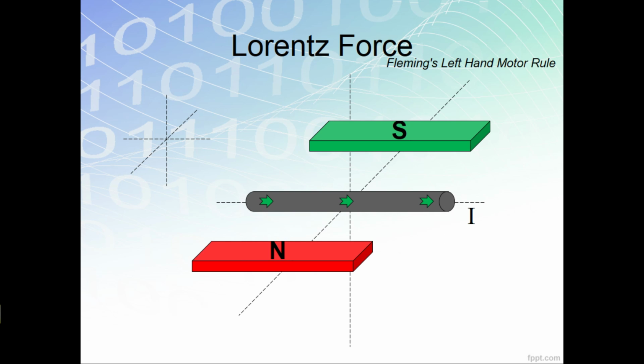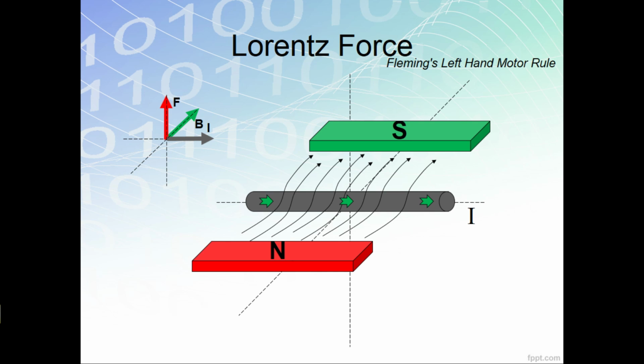Similarly, when we reverse the direction of the current, such that it is now moving from left to right, and the magnetic field is still going from north to south, it is expected that the force will now be going upward.